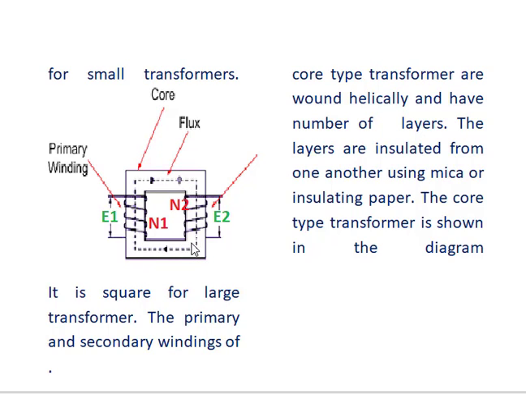The square type depends upon the shape of the strips used to construct the core. If we use equal length L-shaped strips or square type strips, we can get a square type cross section core.